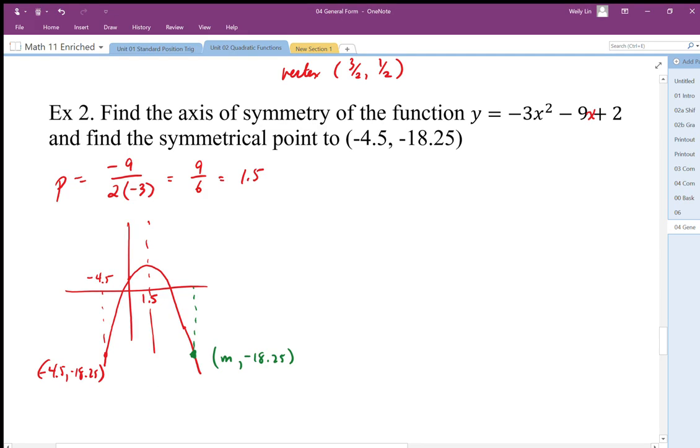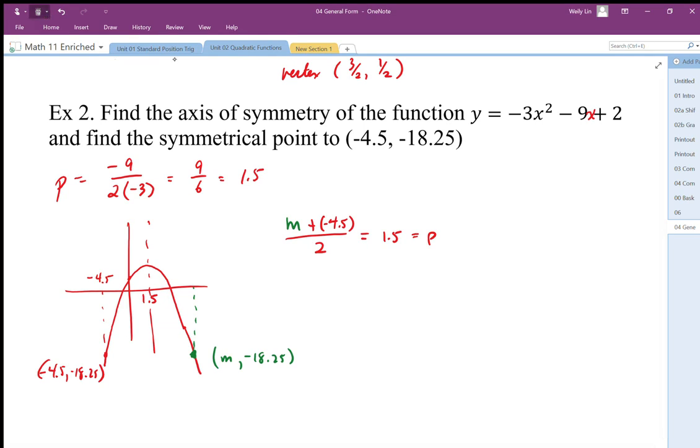Well, I can use my midpoint to calculate the m value. I know that m plus the other coordinate, the two symmetrical points, if I add them together and divide by 2, I end up with the middle coordinate, which is p. So now I have an equation to solve for m.